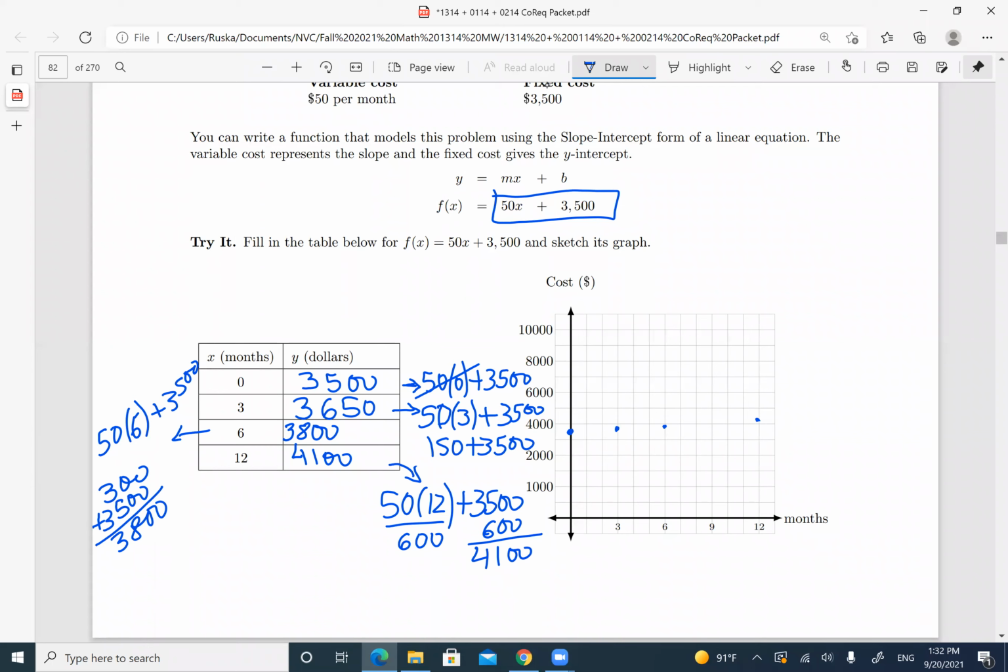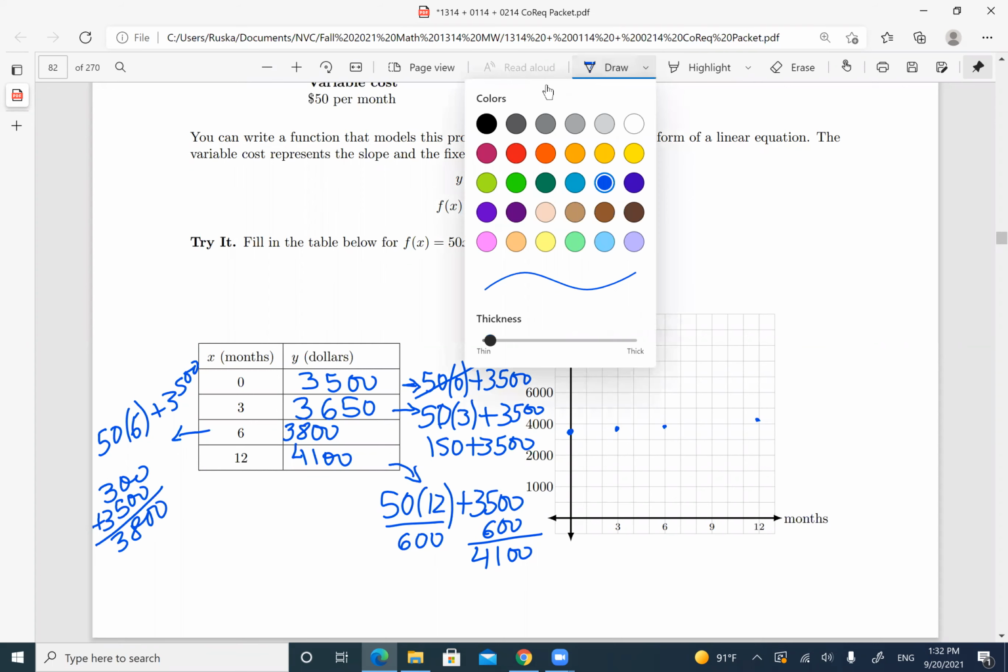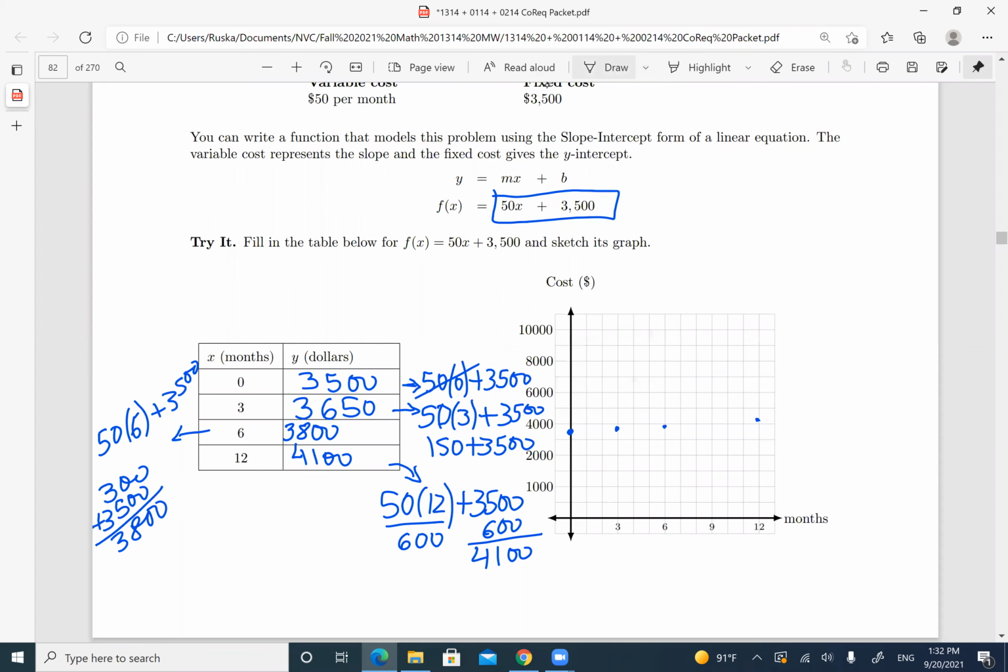So when you connect it, you're gonna get the straight line. And that's the graph of the function, the graph of the equation. Now, keep in mind, we have x and y as months and dollars, so you don't go before the y-axis, right? It has to be after. And actually, you can continue. So you can just continue here.